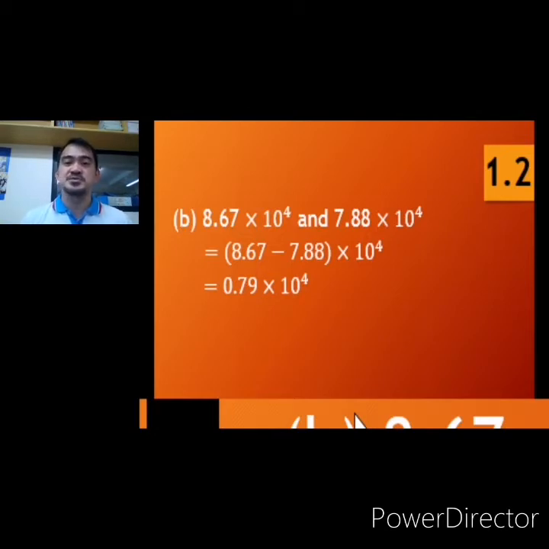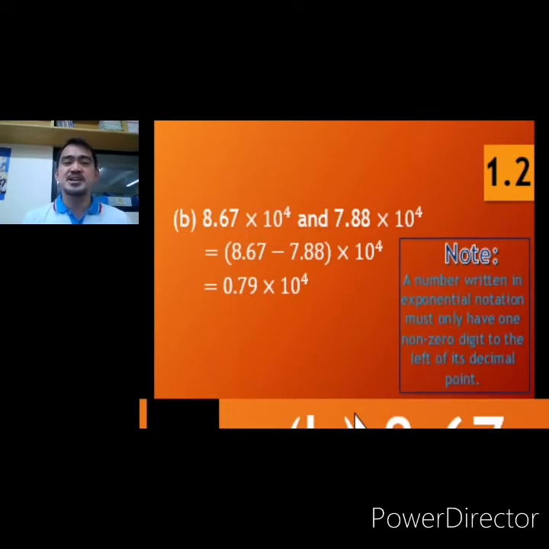Remember this note: a number written in exponential notation must only have one non-zero digit to the left of its decimal point, meaning a number must be greater than or equal to 1 and less than 10. Since 0.79 is a number that is less than 1, this is not the general form. So what are we going to do now?